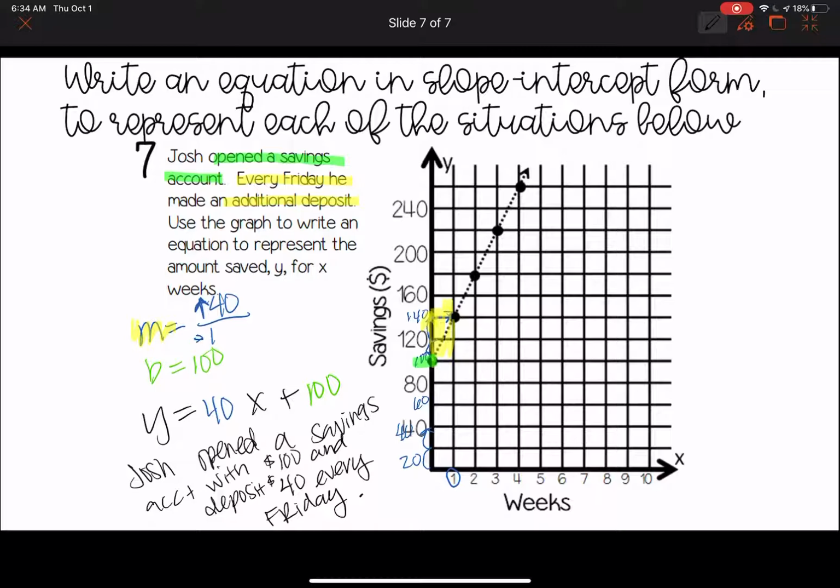And that would be your sentence to describe the entire situation. You could write this equation right here just from the sentence you just wrote.